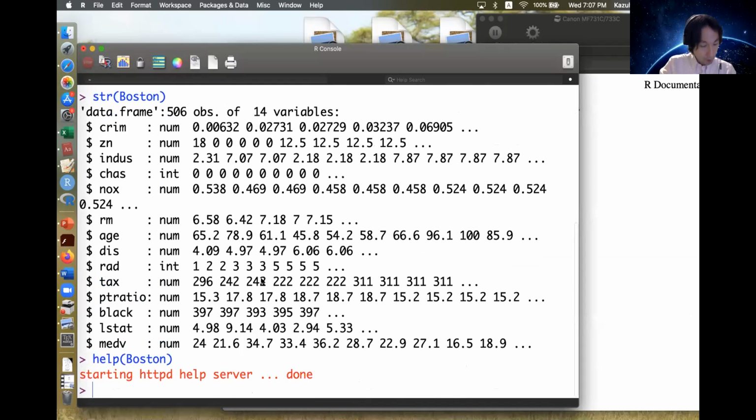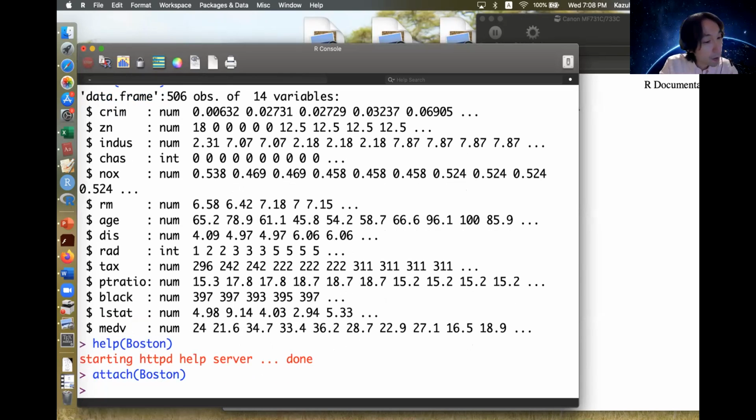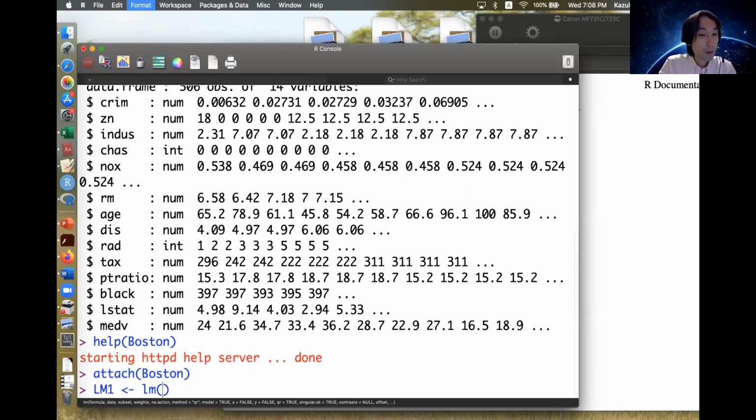So now we want to do the regression, and usually the objective is to predict the median home value, MEDV. At first we attach the data set, then linear regression, that is lm, median value on crime rate.